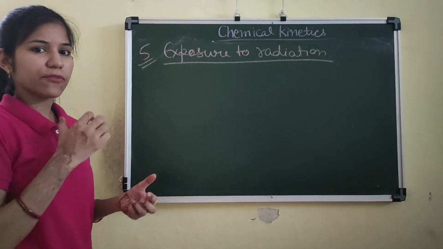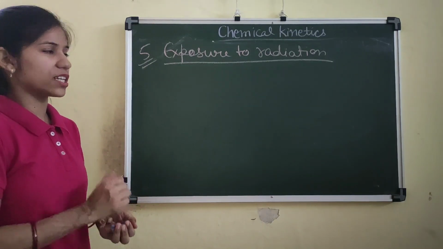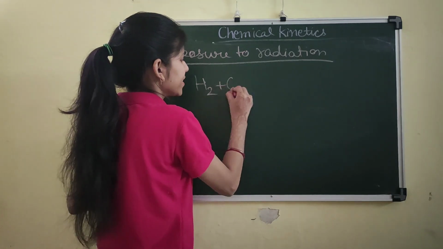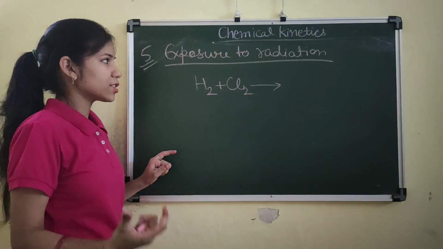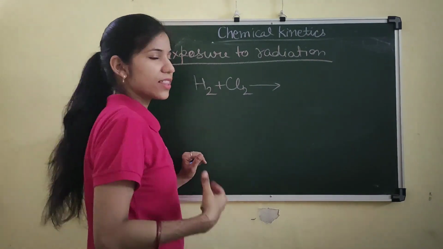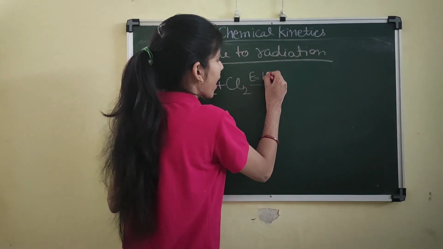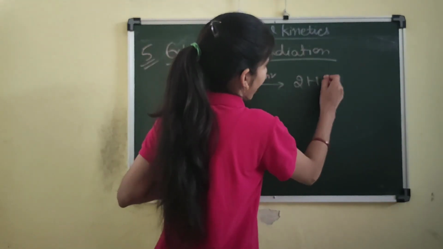In this, photons of energy are provided and they increase the rate of reaction. For example, the reaction between H2 and Cl2: in the absence of photon light they do not react, and when a photon, E equals h nu, is provided, they form 2HCl.